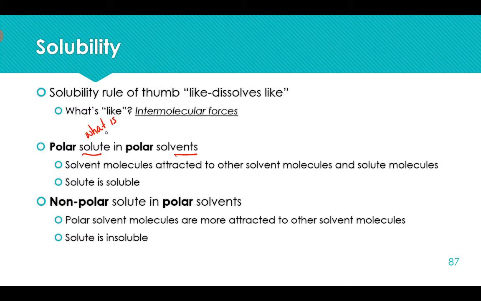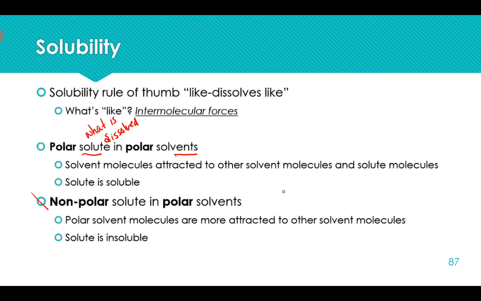What is dissolved? And a solvent, which does the dissolving. So that's the major component here. So polar dissolves in polar. Non-polar would dissolve in non-polar. But a non-polar solute will not dissolve in a polar solvent.